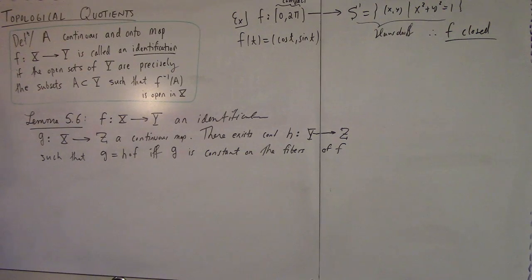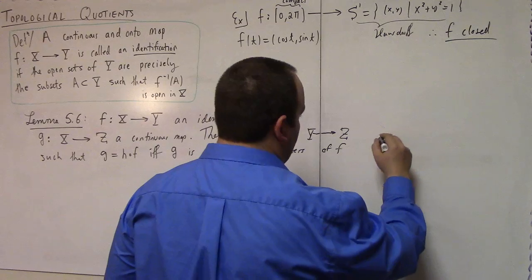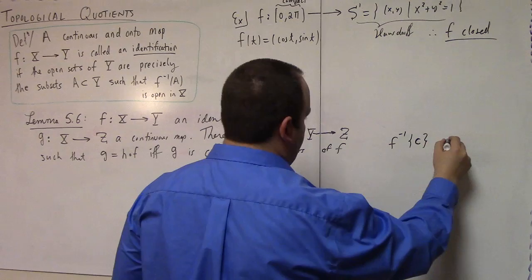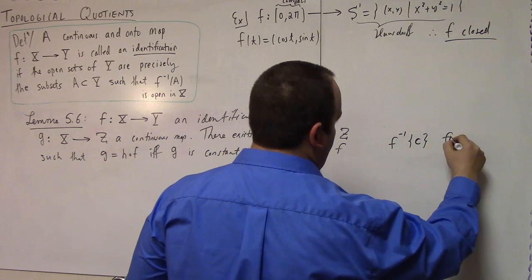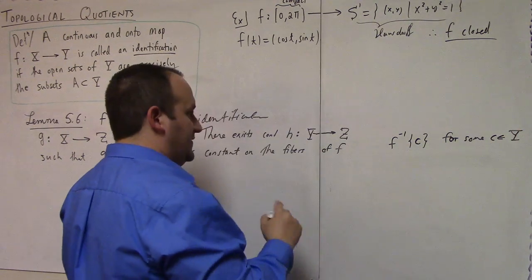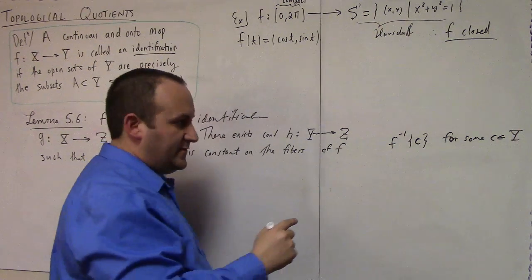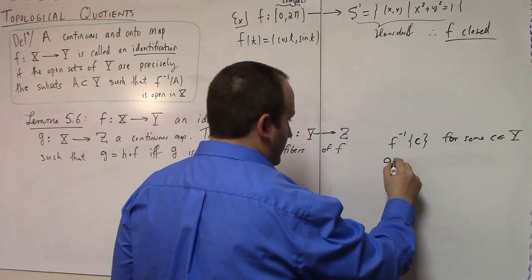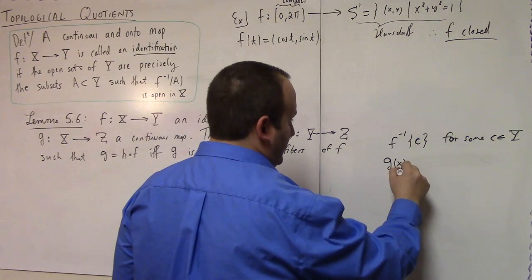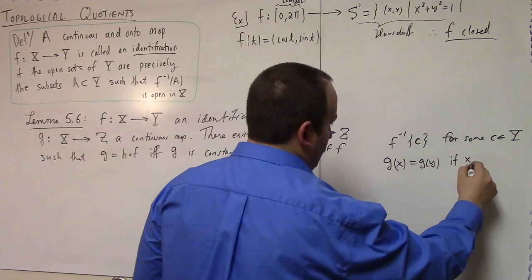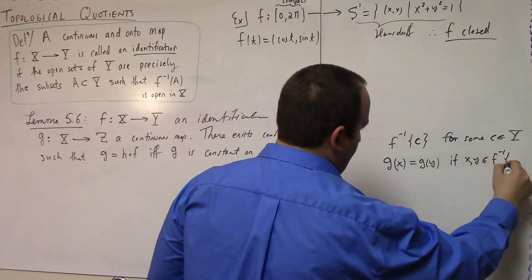To say g is constant on the fibers of f, what's a fiber of f? A fiber of f is f inverse of c for some c in Y. So to say that g is constant on the fibers means g of x is equal to g of y if x and y are elements of f inverse of c.